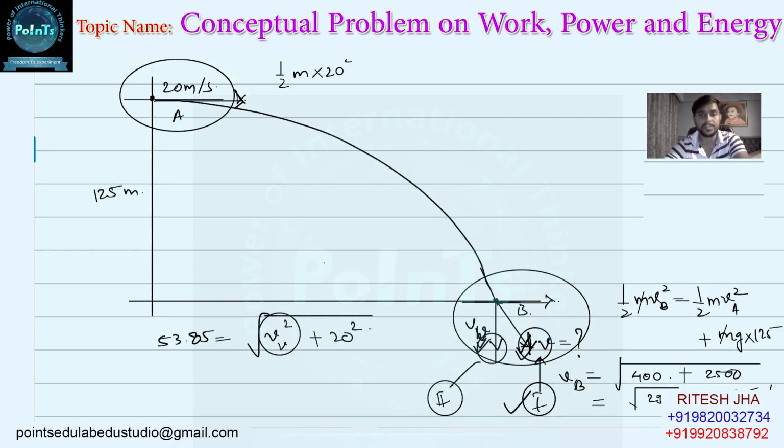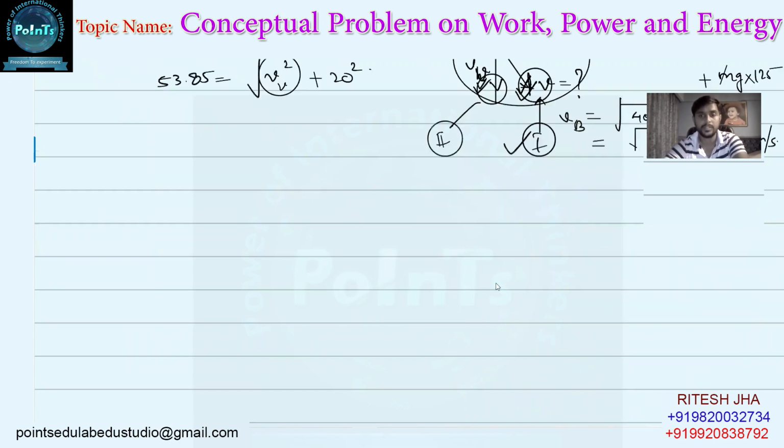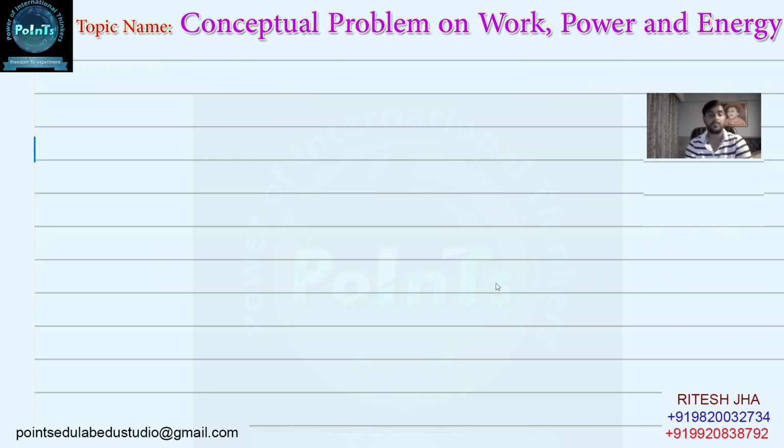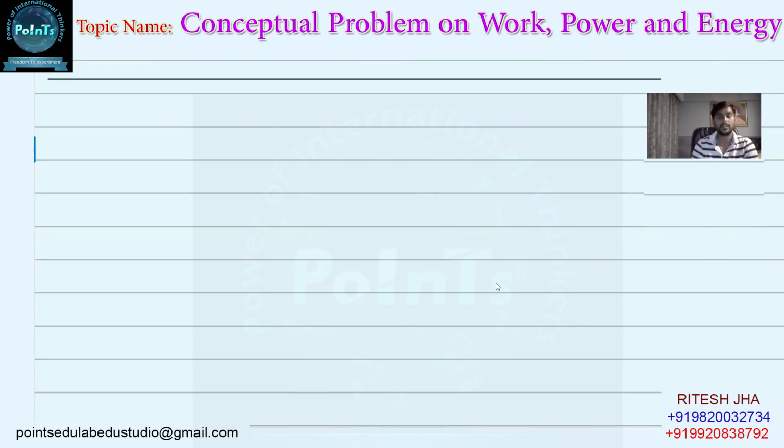All right. Now my question is slightly different from this. Sometimes there has been a question where the object is coming from here, then it goes like this, and then it goes like this.